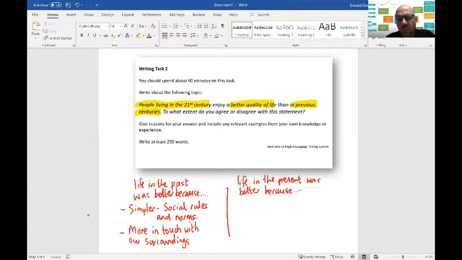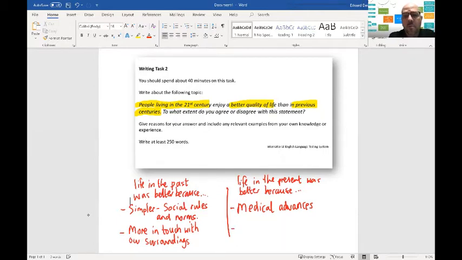But the arguments for the present are obvious, and when I start to outline them, it seems that they are stronger arguments. The biggest of these is obviously the medical advances, right? People died younger in the past, and we have access to hospitals now that we didn't in the past. That's an obvious and strong argument.